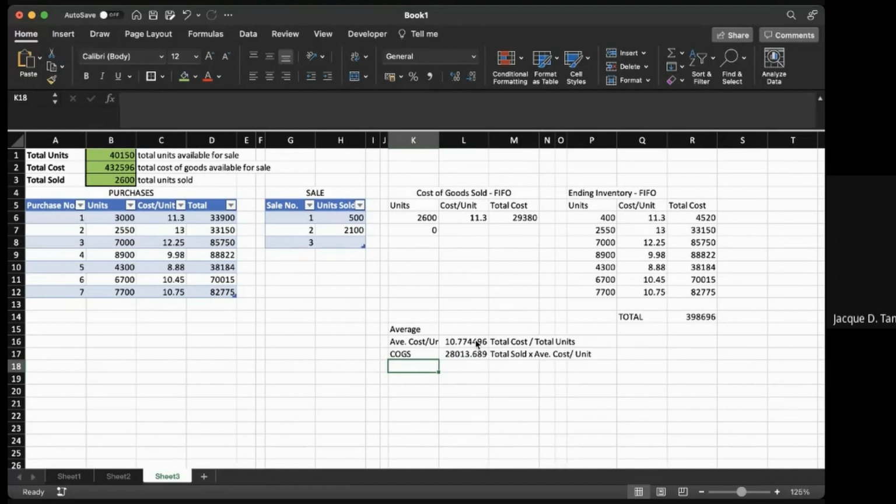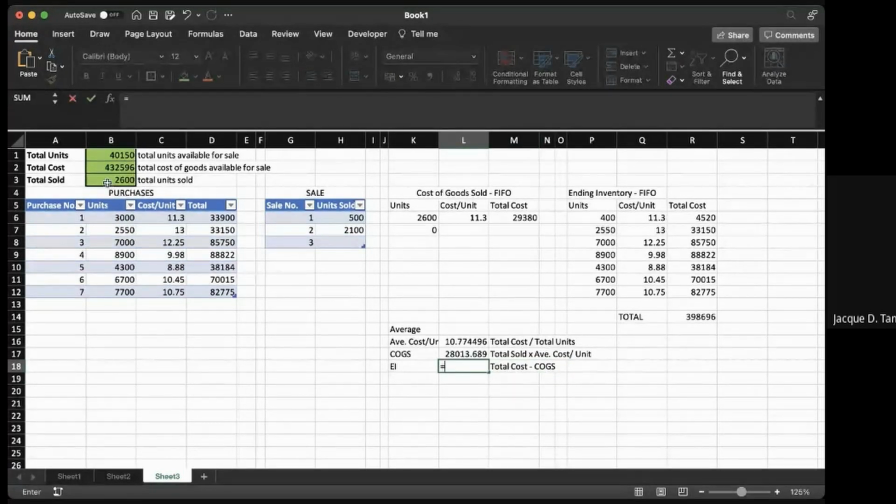And then we can also compute for our cost of ending inventory. So ending inventory is equal to your total cost less cost of goods sold. So our total cost, again, is based on our summary, less your cost of goods sold. We can now compute for your ending inventory.